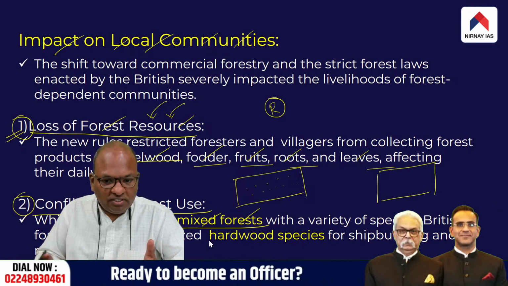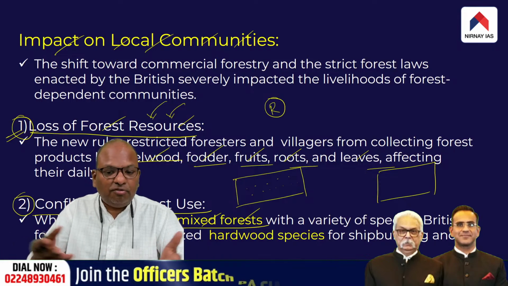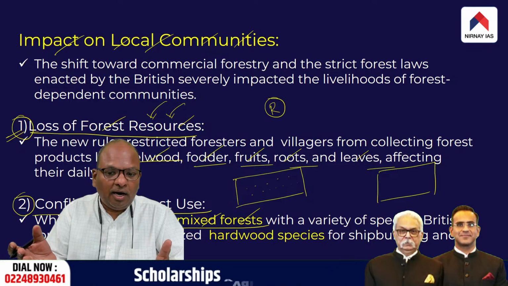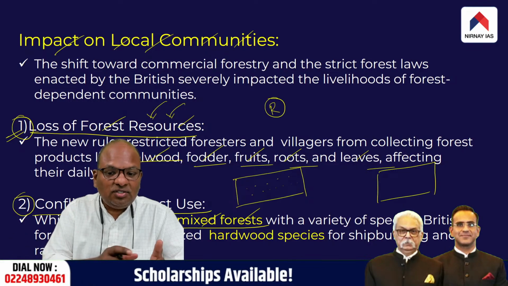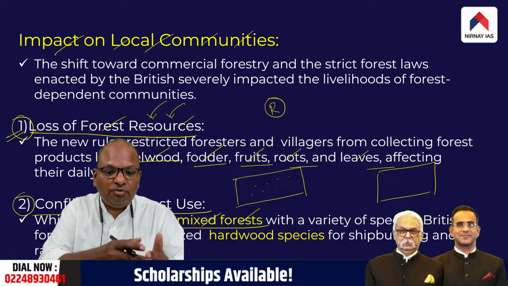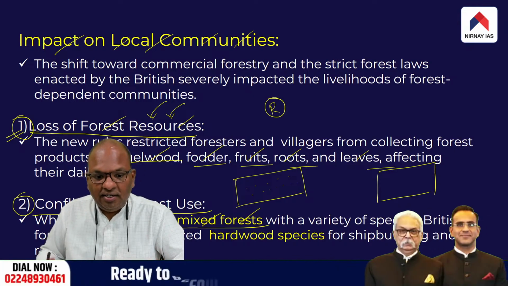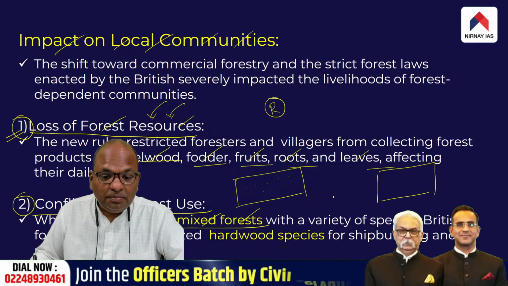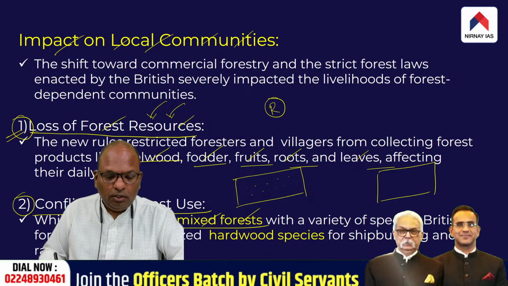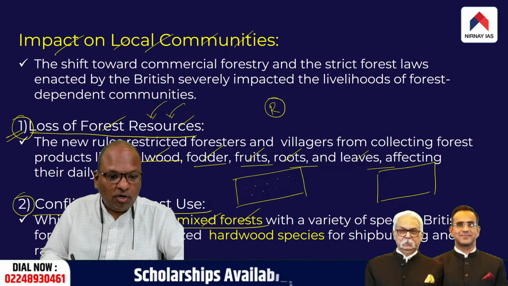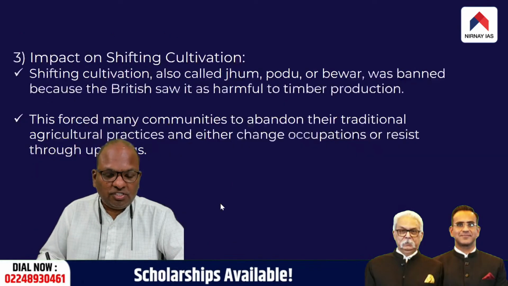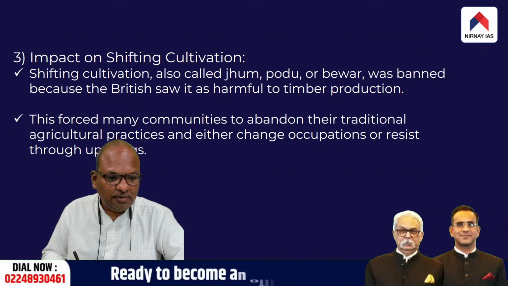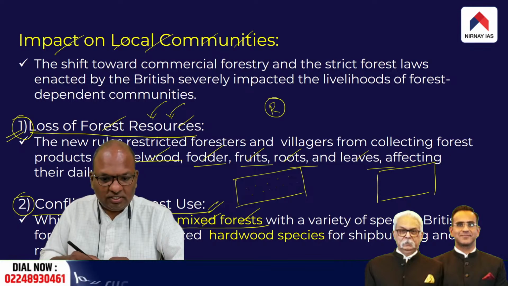If the diversity of trees in the forest is great, those trees can meet the needs of the people living near such forests. But on the other hand, the British prioritized single species plantations. Therefore, there was a conflict over forest use between the people living close to the forested regions and the British.